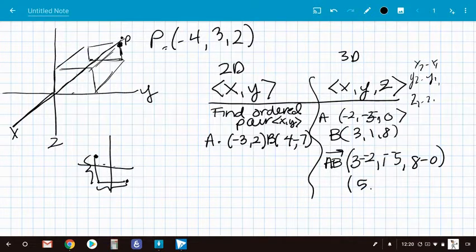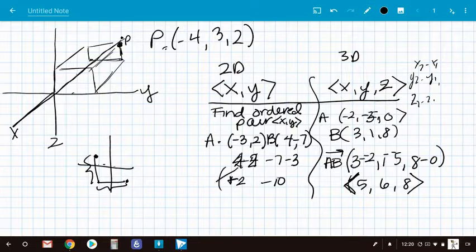So I get <5, 6, 8>, and I should pointy bracket these. So when you're doing this, it's just like in 2D where you would take 2 minus 4, that's a distance of 2, and -7 minus 3 is a distance of -10, and you would know how long your vector is. So it's the same thing.